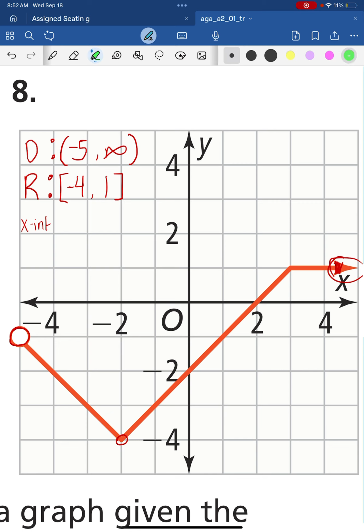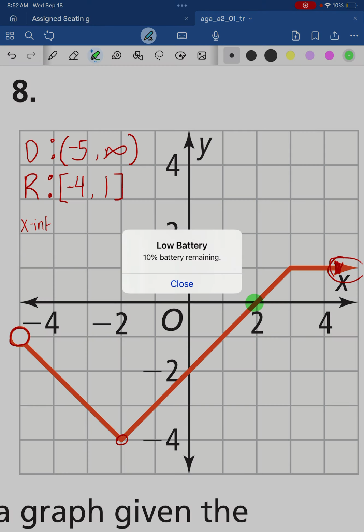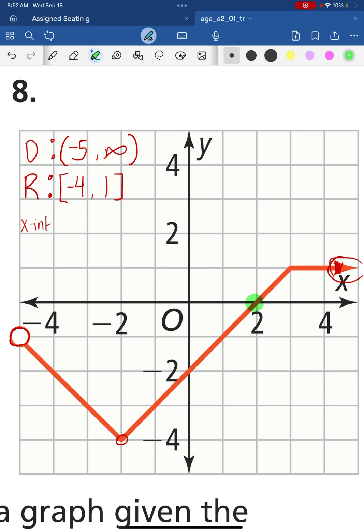I have an x-intercept at 2. I have a y-intercept at -2 down here.